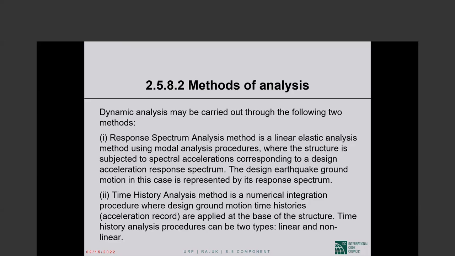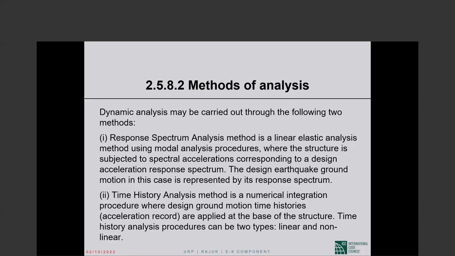And for most important projects today, that is the analysis that forms the basis of design. Okay. Entire chapter 16 of ASCE 7 is devoted to nonlinear time history analysis.